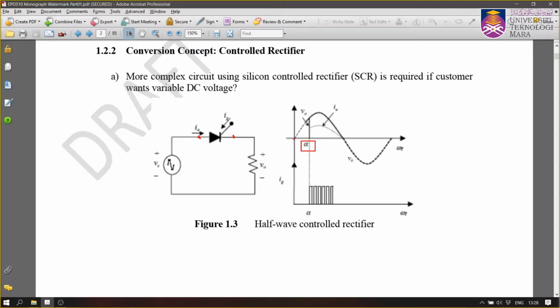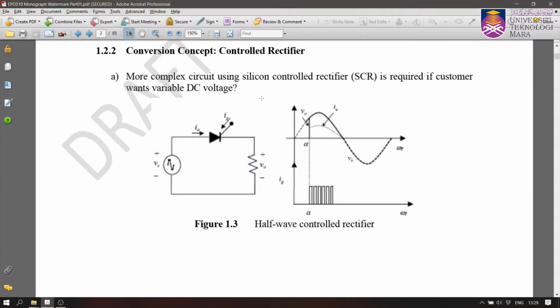So you have to measure what angle this is. Alpha can be quantified by the angle, in degrees or radians, and until that firing angle is triggered, you can see the output voltage. The thyristor is on, and therefore the output voltage equals the supply voltage.